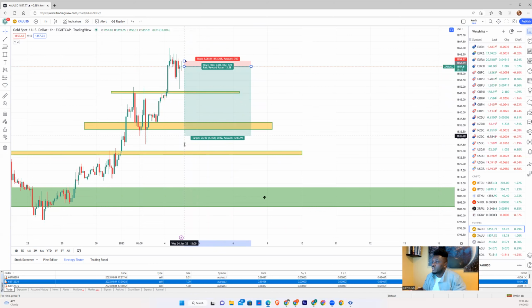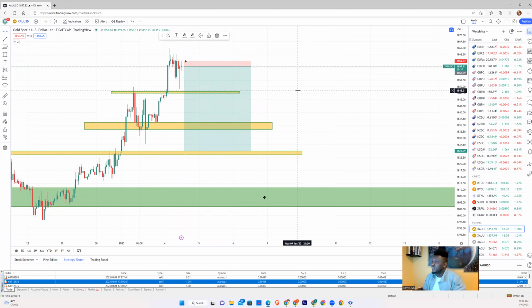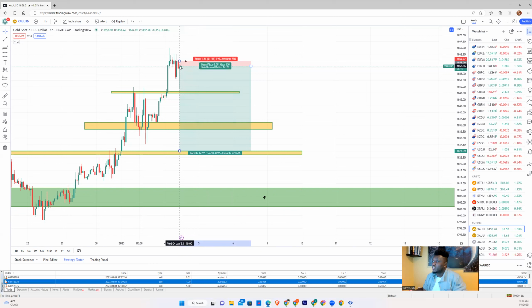There we go. I'm anticipating this is a pullback. Be very careful because this is a pullback. Okay. Gold has a lot of buying momentum.